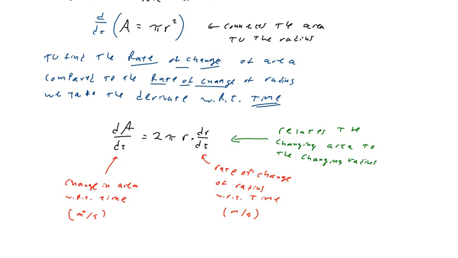And that's an example of a related rate. We can do calculations with this. We can do all kinds of explorations with this. But this is the idea. You are relating the changes of two things. Okay?